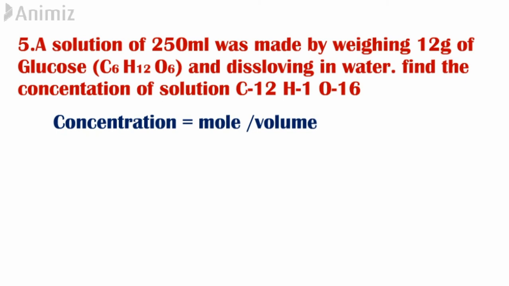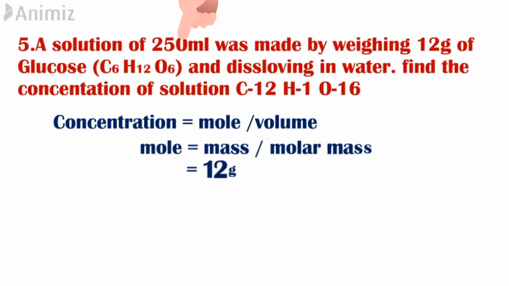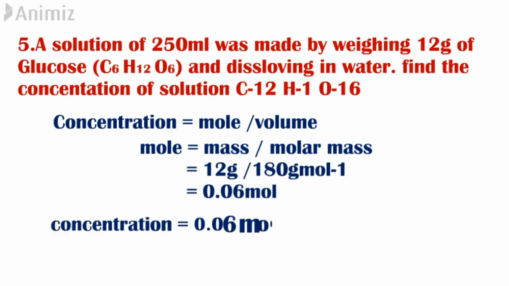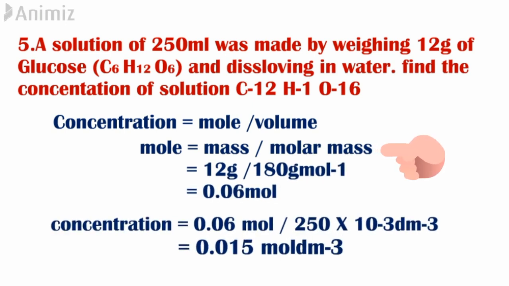So we know concentration equals mole over volume. That is our main equation. Here we know the volume, so first we have to find the mole. Mole is equal to mass over molar mass. We know the mass is 12 gram. It should be divided by the molar mass, that is 180 gram per mole. The answer which you get for the mole is 0.06.